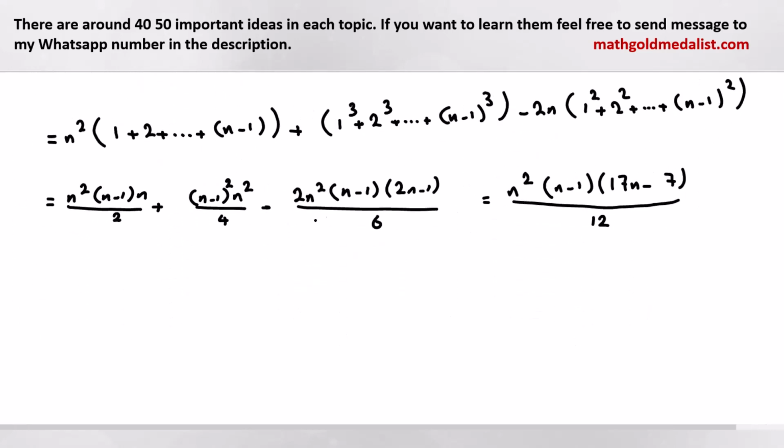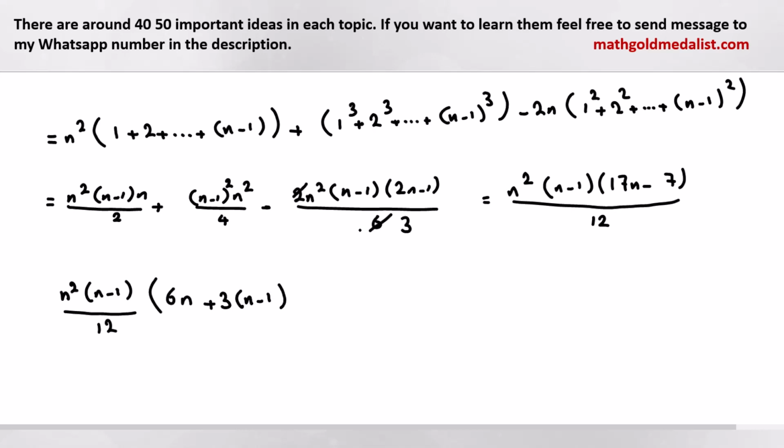Here, do you agree we can factor out n squared times n minus 1, right? And from the denominator also we can factor out 12. Exactly the thing you did here. Because here we have 6n squared (n minus 1), and inside we have 3n minus 1, right? Here 3, okay.